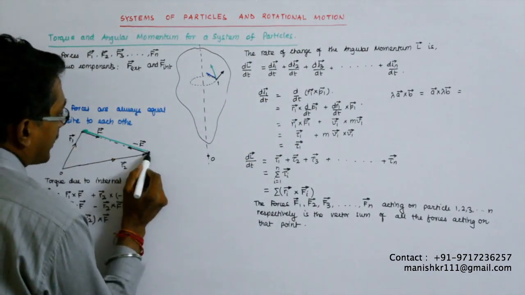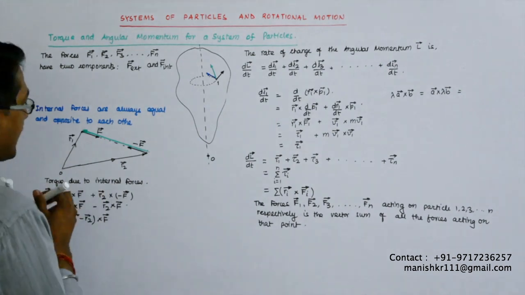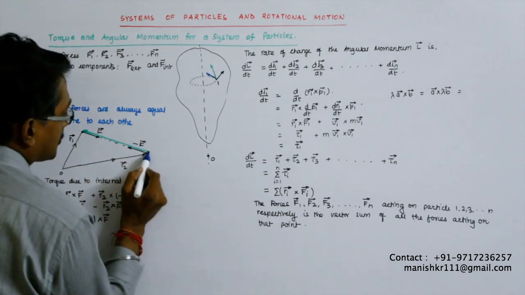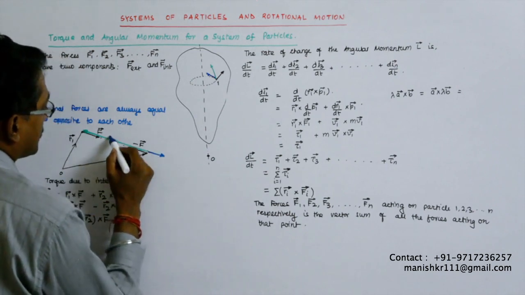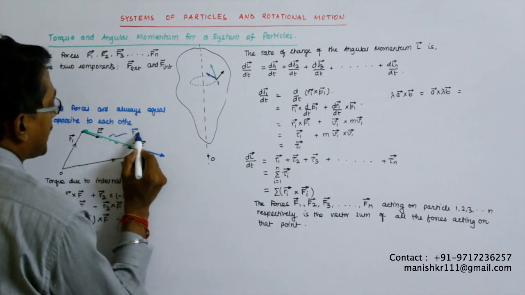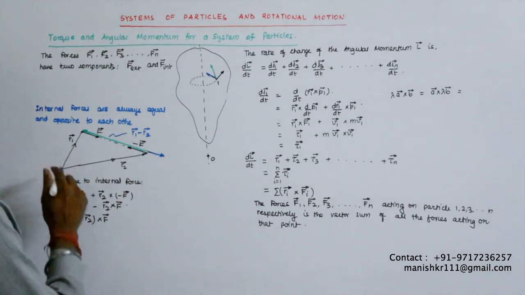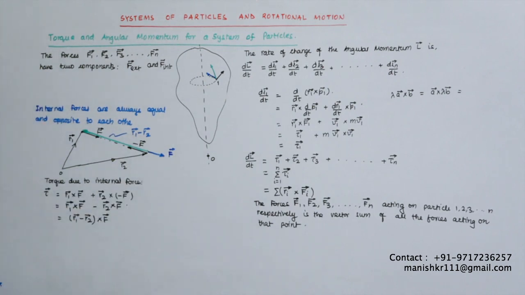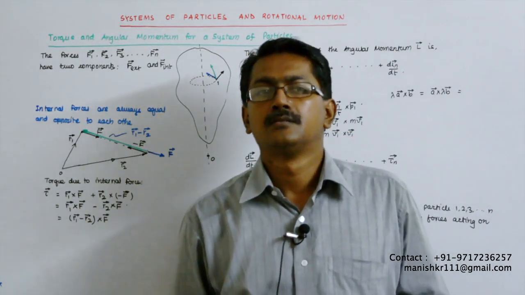So F has to be shifted parallel to itself and brought here, or you shift R1 minus R2. This is your R1 minus R2 vector, and this is your shifted F. What is the angle between R1 minus R2 and F? 180. Whenever two vectors make an angle of 0 or 180, what is their cross product?